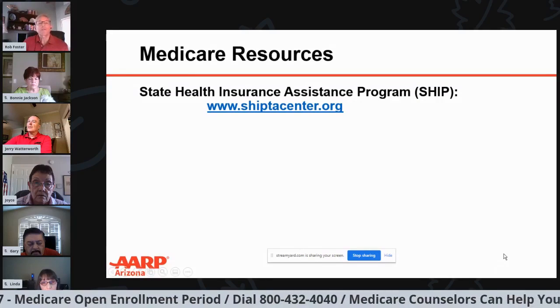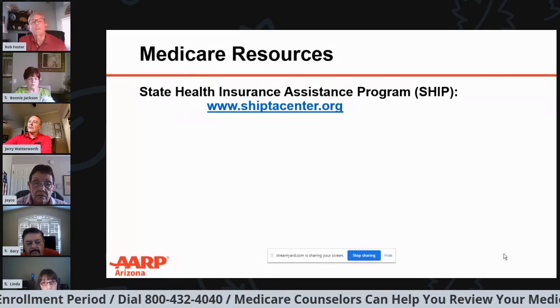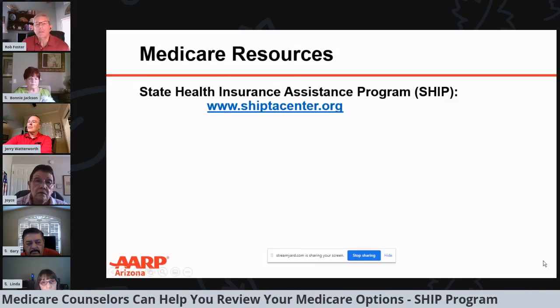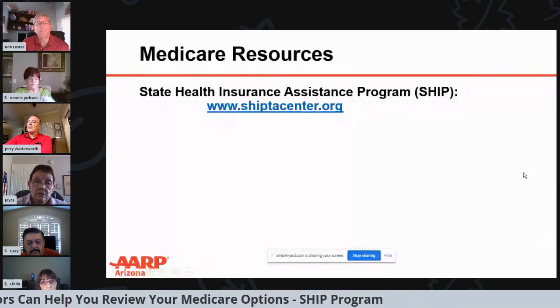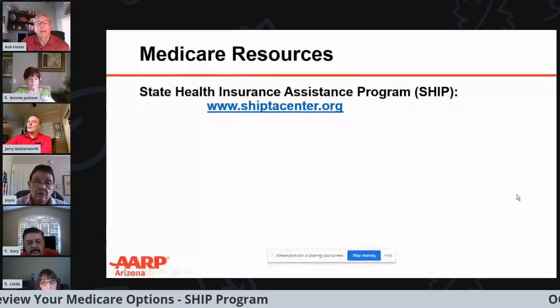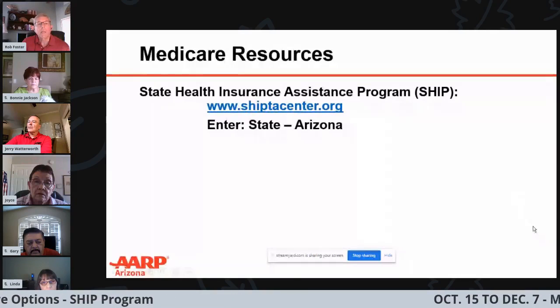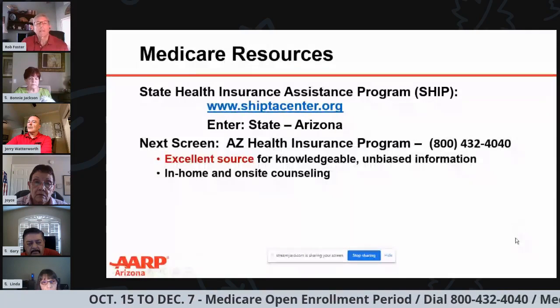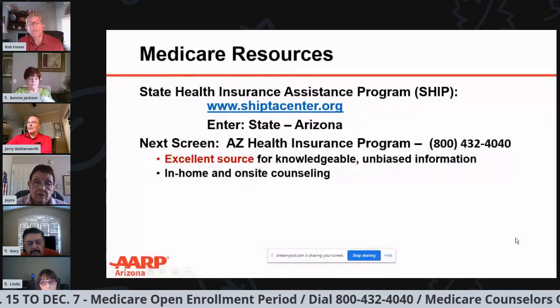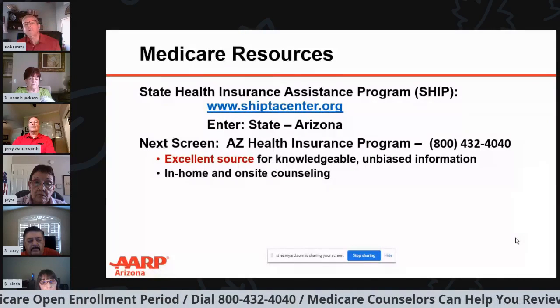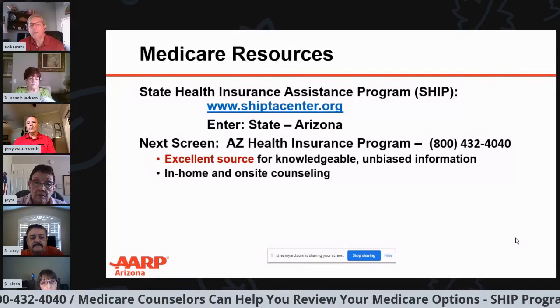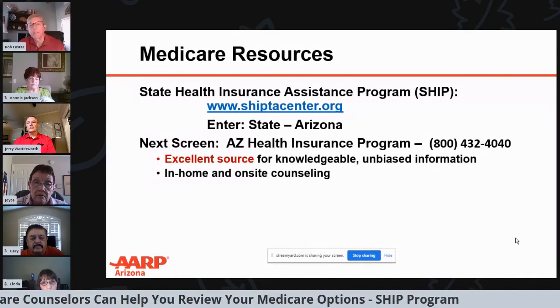Now, the resources that are available within Arizona: begin with the SHIP website, and it will ask you to enter your state, which of course is Arizona, and the next screen will lead you to the Arizona Health Insurance Program, and that is the 800 number for that program.